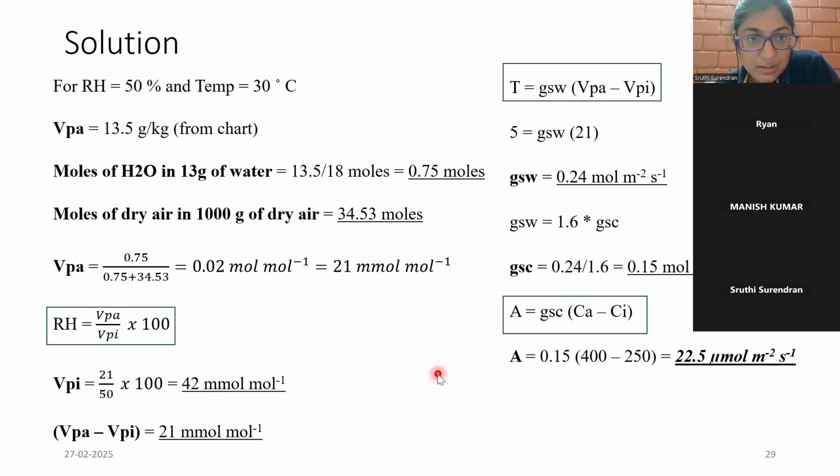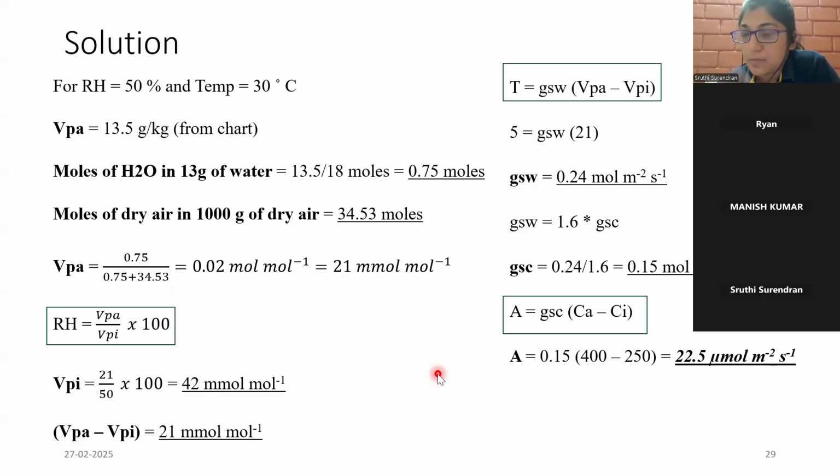Mayank also has done some of the correct things until some point, after which I think you got a bit confused. So what we have to remember from whatever I taught today is about the units: transpiration in millimoles of water per meter square per second, assimilation in micromoles per meter square per second.